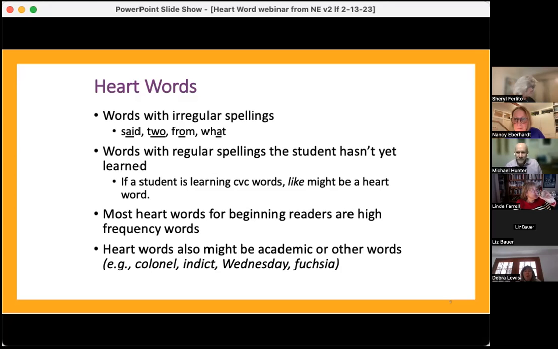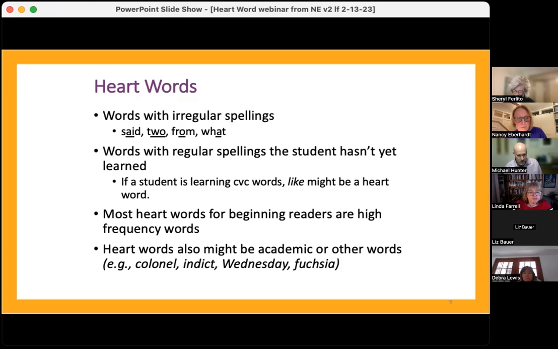For a kindergartner, they haven't learned the silent E or vowel consonant E pattern yet. They won't learn that till first grade, most likely. So if we want them to be able to read like, we're going to call that a heart word, and they'll learn it using the heart word steps.